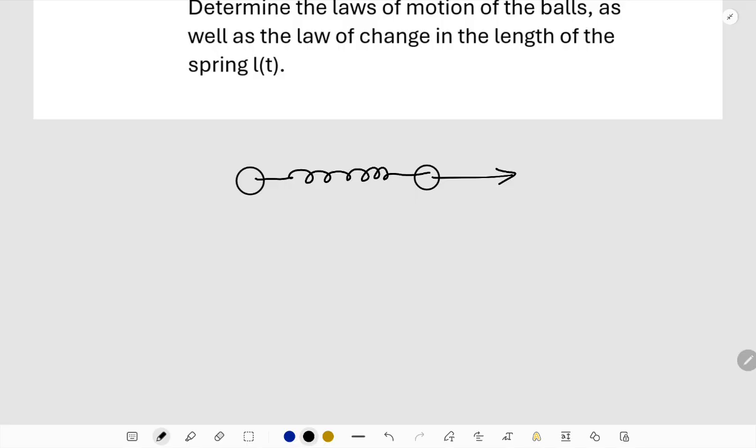Since both have the same mass, I'm going to take a positive x-axis like this, and this is force F, and I'm going to put coordinates x1 and x2 to these blocks.